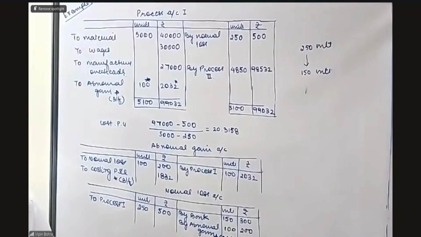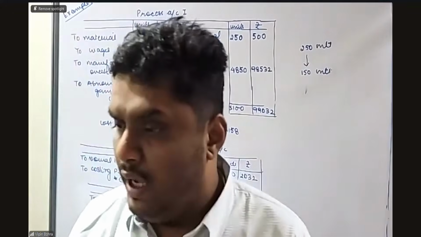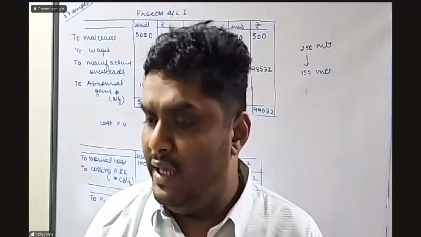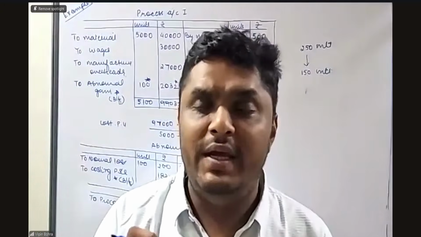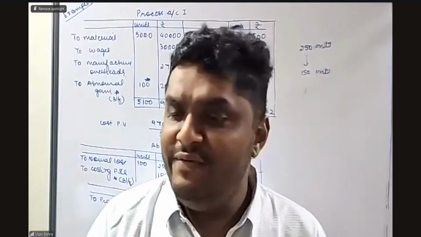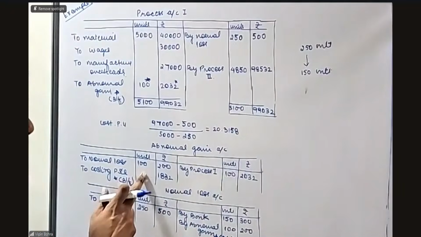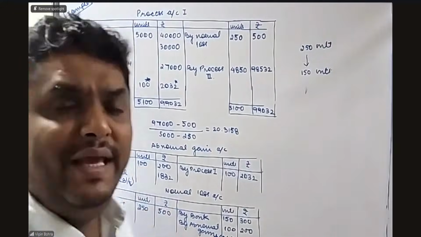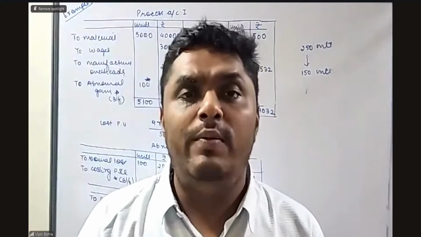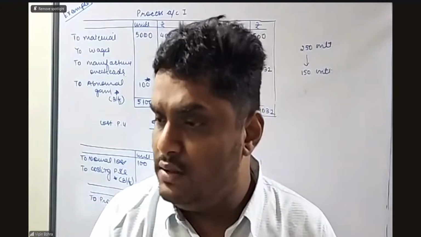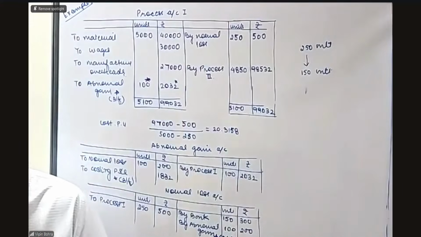Anyone with any doubts or queries, guys, I just want this concept to be clear to everyone. So anyone with any doubts or queries, as I said, why we are adjusting this amount? Because abnormal gain is what? The saving in normal loss. Anyone having any doubts? Yes, Ina.